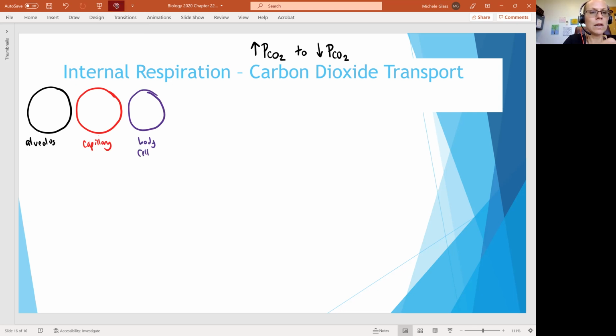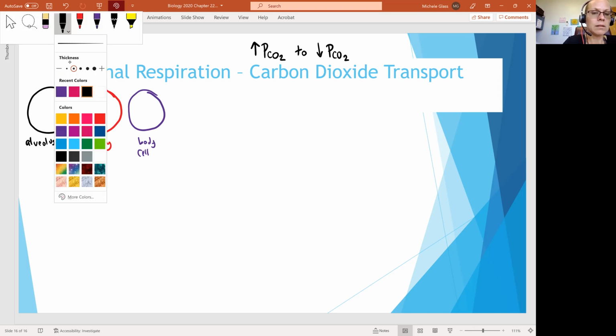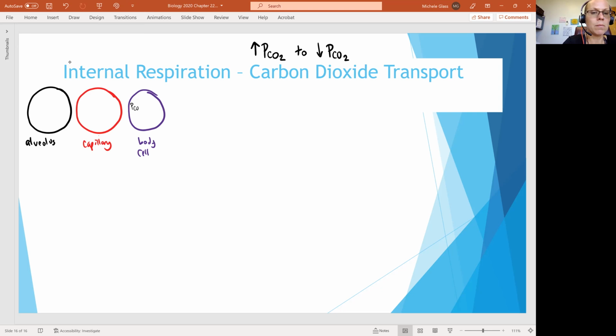Now, when we're looking at your body tissue, and I'm going to make some changes here if that matters to your notes, it has a partial pressure of carbon dioxide gas at about 45 millimeters of mercury. And so in the capillary, as it comes through, it's going to have a partial pressure of about 40 millimeters of mercury.